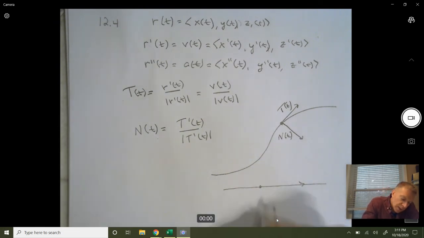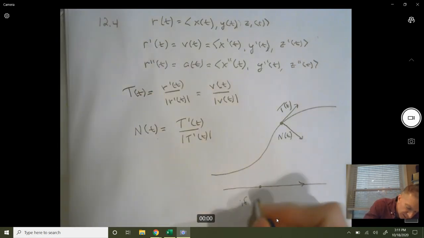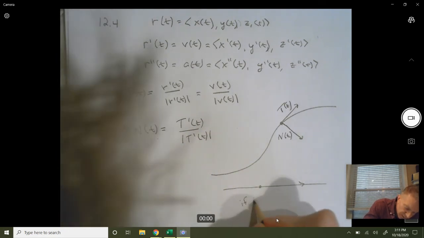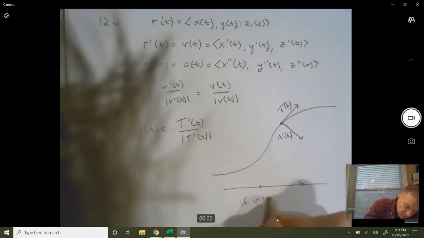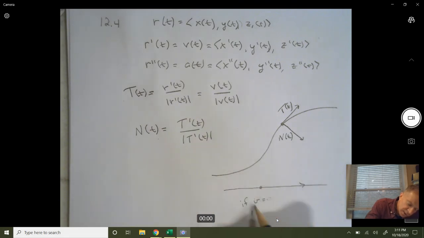If your velocity is constant, let's just say your speed is constant, so some constant value, then your acceleration is 0. So that's one instance.